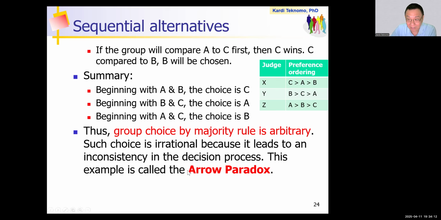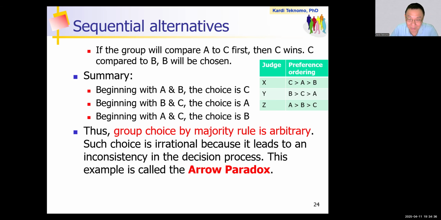This is one of the examples called the Arrow paradox. Kenneth Arrow, notice this, and based on this, you can actually cheat based on the information and the sequence. In decision theory, you can actually cheat in a group decision.